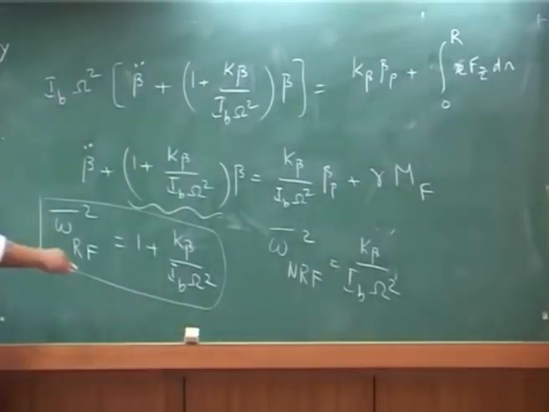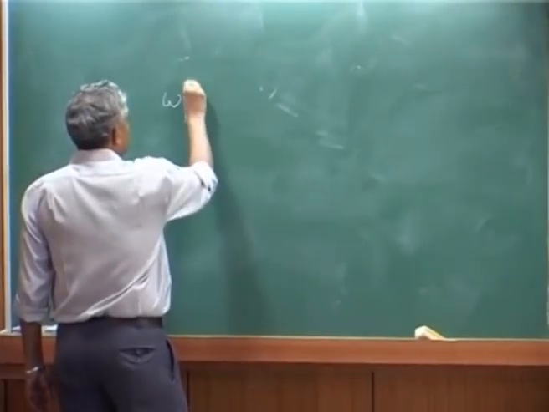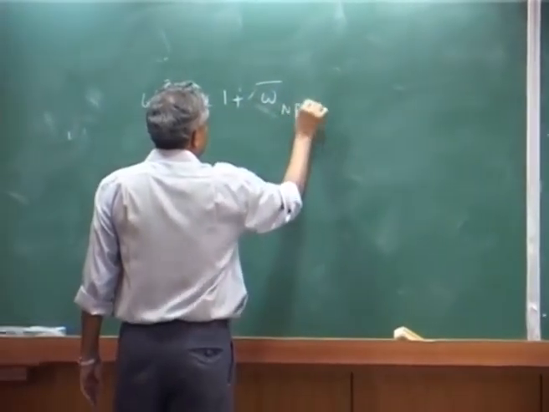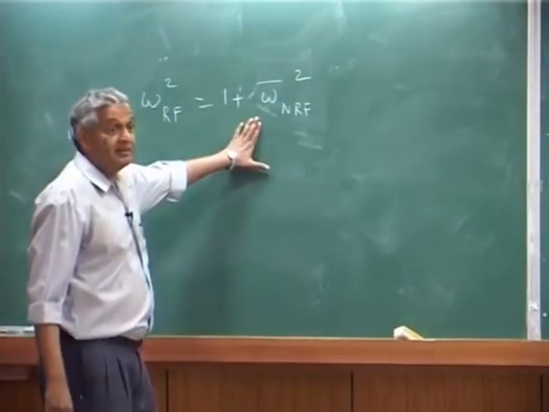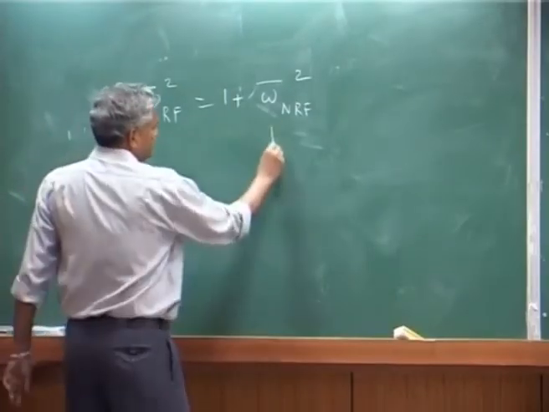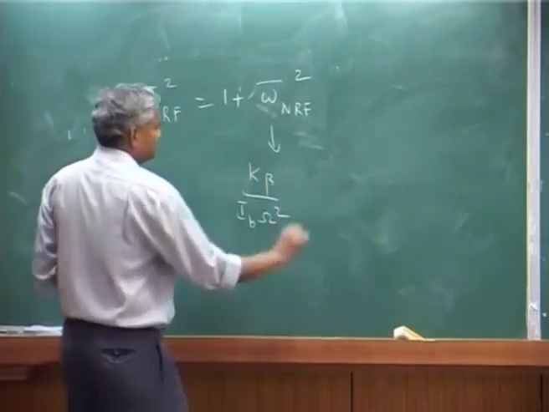Now you see, my simple equation tells me rotating flap, non-rotating flap. So this is my rotating flap square is 1 plus omega bar, that is all. Okay. Oh, sorry, and this is k_beta over I_b omega square, that is all.